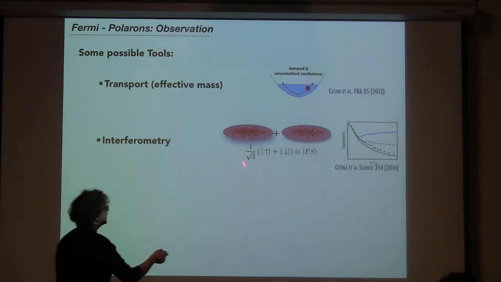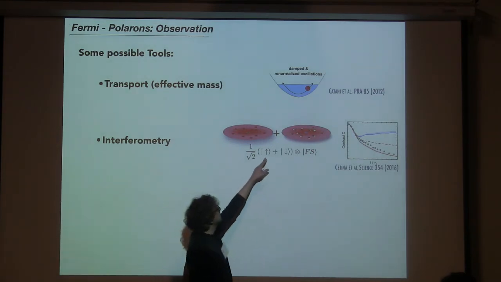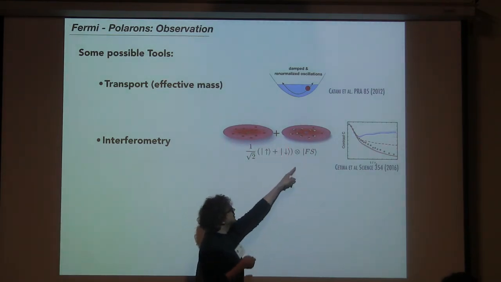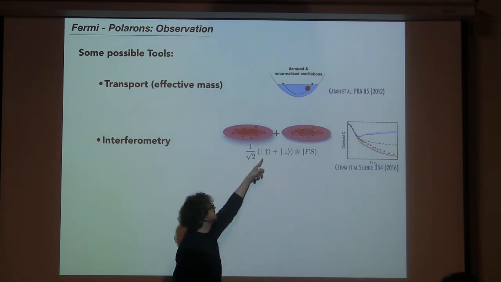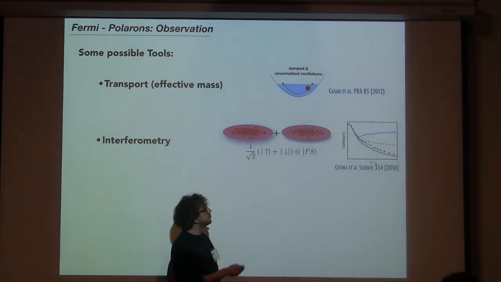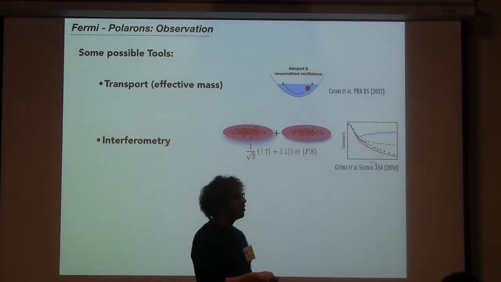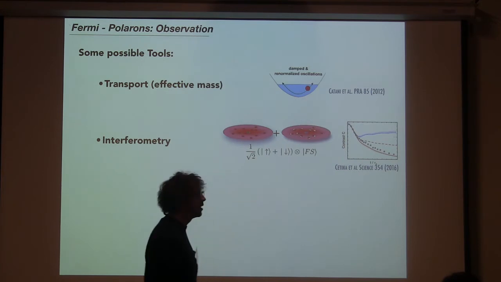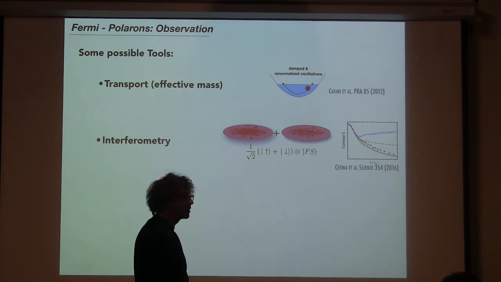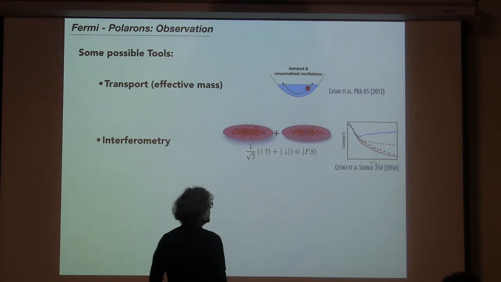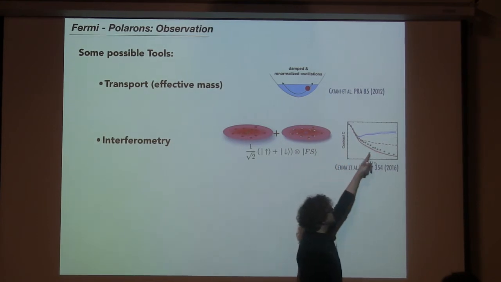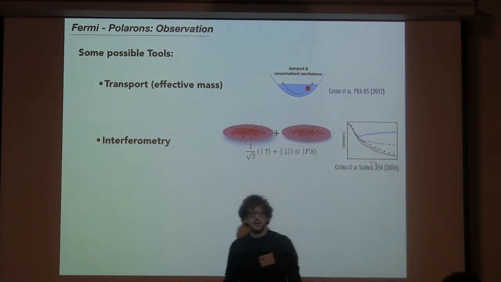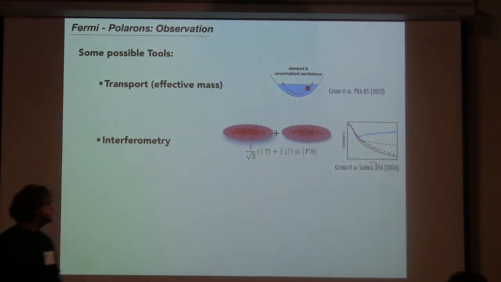And then by time evolving the system, when the impurity is in the down state, nothing happens to the Fermi sea. If it's in the up state, something happens to the Fermi sea, and we can watch in real time how this psi of t changes in time and how it compares to the wave function at time 0. And one can then look, for instance, at what happens at very long times to this velocity.